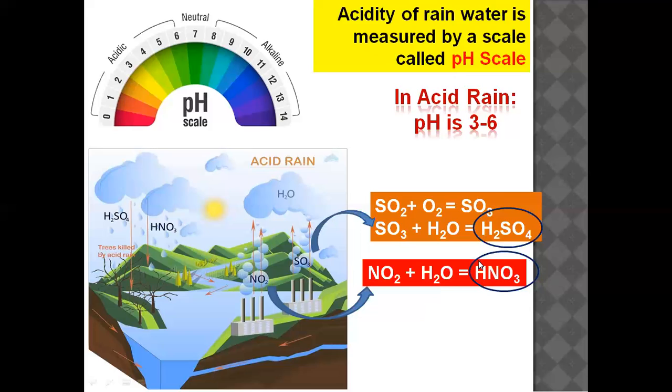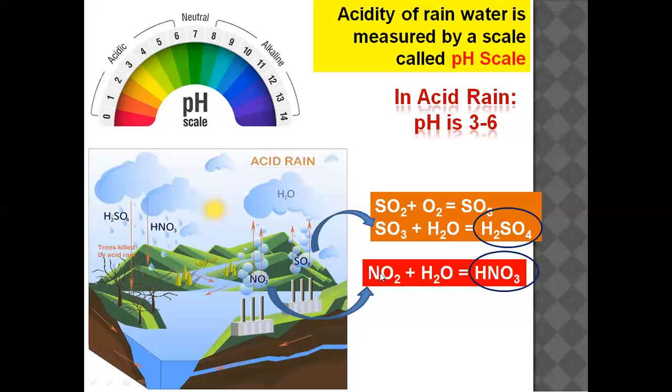These two acids are released into the atmosphere and remain in the air or the cloud. When deposited, they are absorbed directly onto the surface of the earth or the water bodies, or sometimes as runoff they mix into the water, and that way the water becomes acidic.